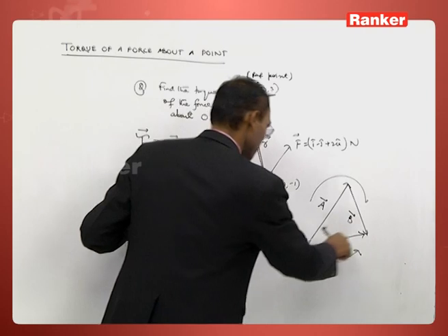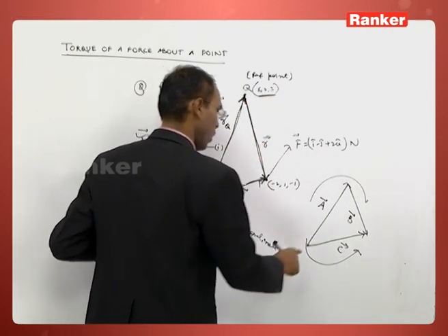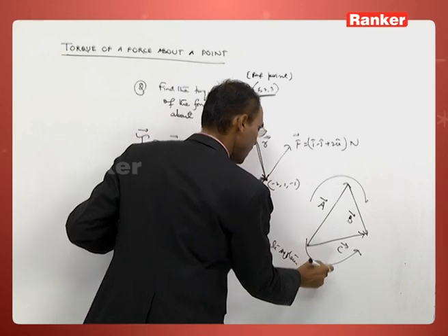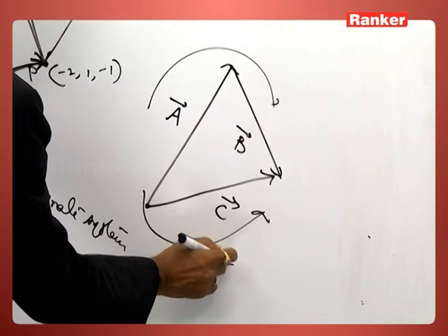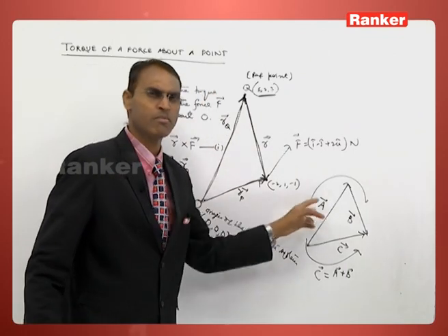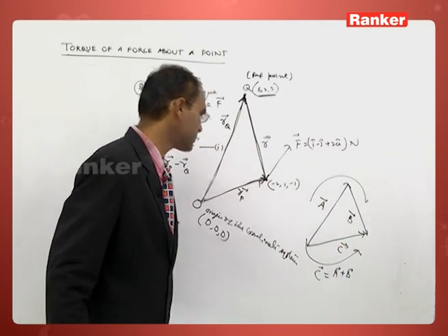Represents this side, the closing side taken in the reverse order, which will be equal to the vector sum of these two vectors, a resultant of these two vectors.